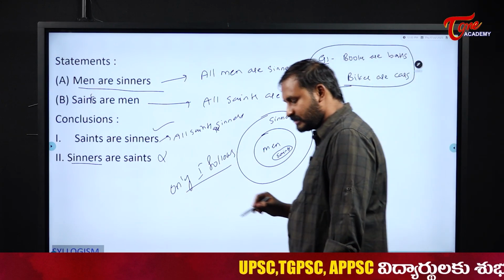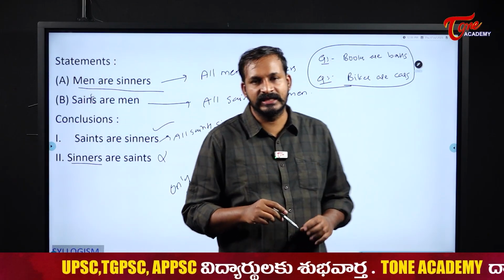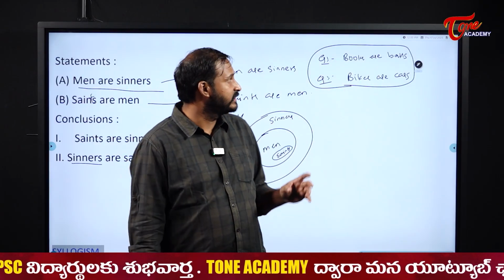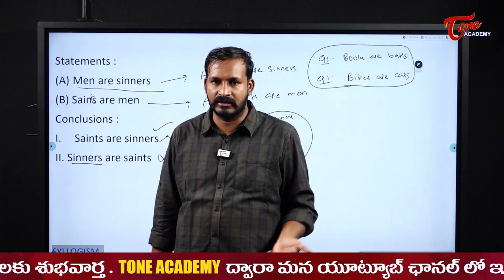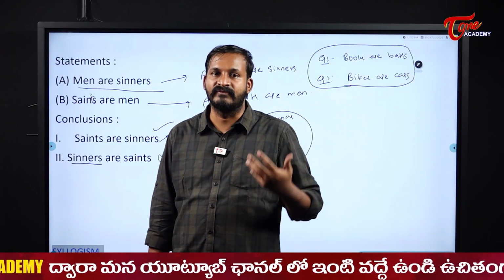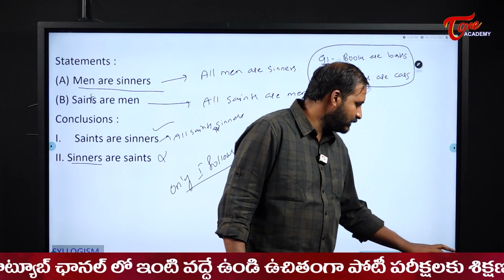Please try to understand this one, students. Very, very important. Why? Because nowadays they are not using the word all. They are simply saying like this: books are balls means all books are balls. Bikes are cars means all bikes are cars. We should know them by default, and then apply the logic there.